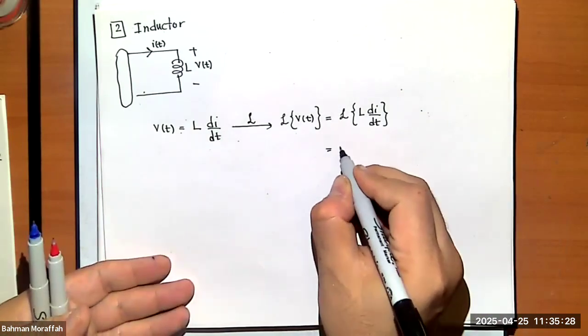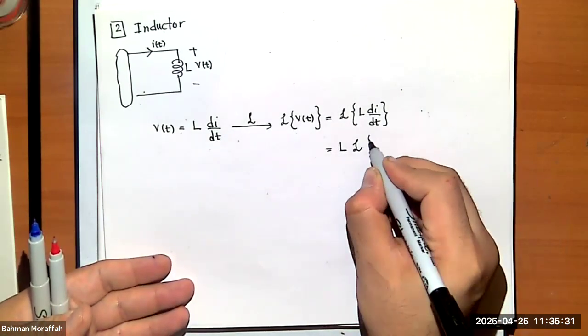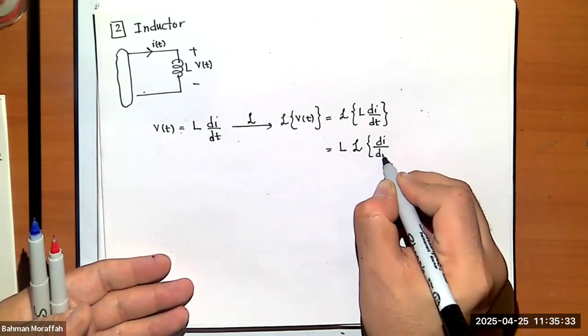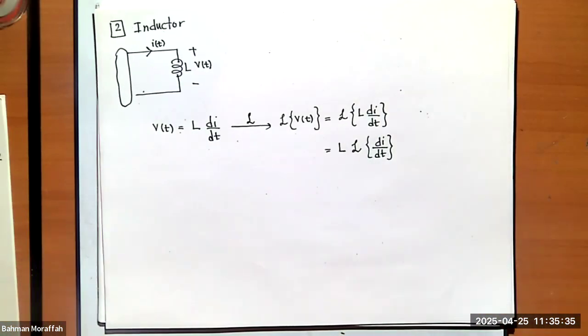I can write this as L times the Laplace transform of dI/dt. Now I'm a little stuck. But not really, because I know how to take the Laplace transform of a derivative.